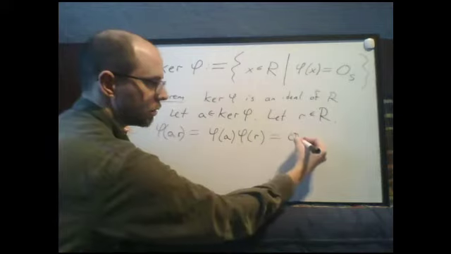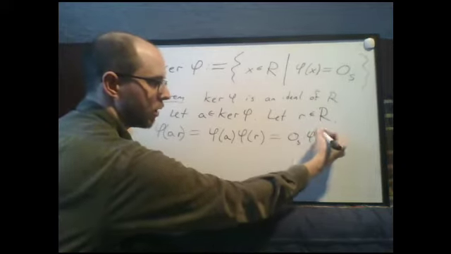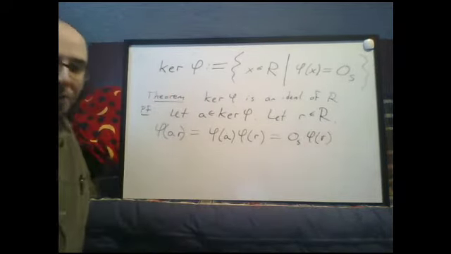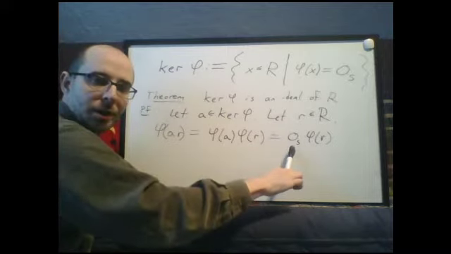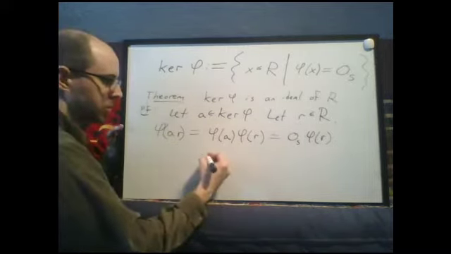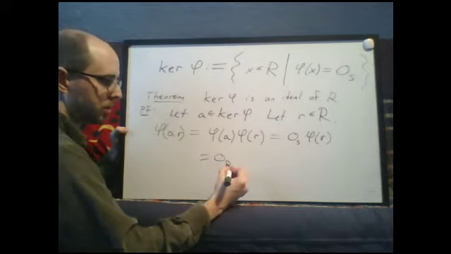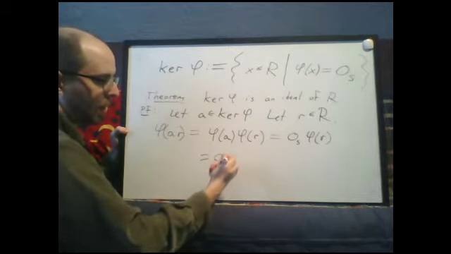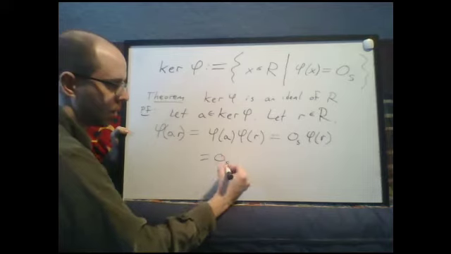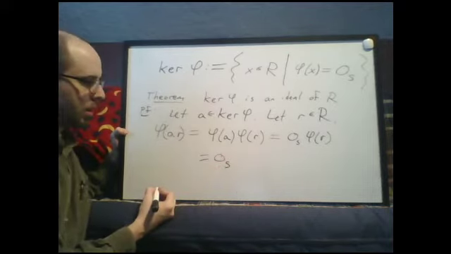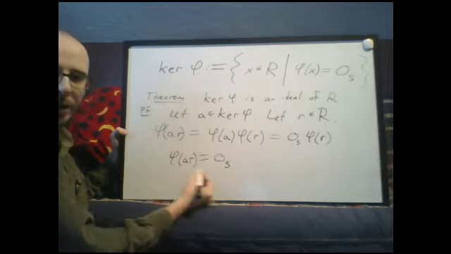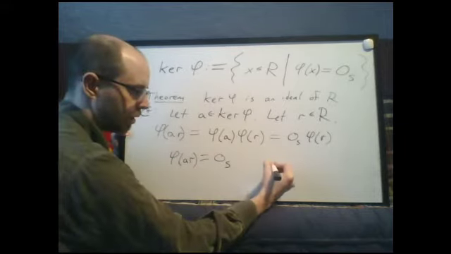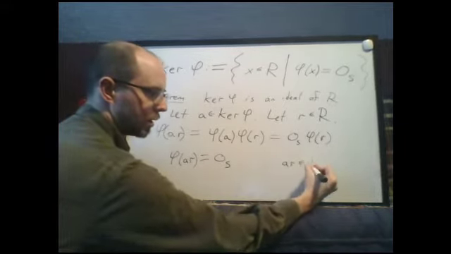So this is 0 sub S times phi of r. I don't know what phi of r is, but I don't care, because if I multiply by 0, I get 0. So phi of ar equals 0. Therefore, ar is an element of the kernel.